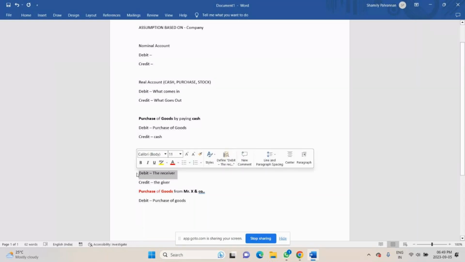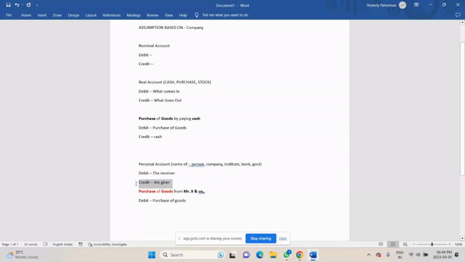Debit the receiver. We are the receiver of the purchase, that is, the goods. Now credit the giver. Who is giving to me here? The person who gives to me is Mr. X and company. Are you able to understand? If anyone has a doubt, please let me know.